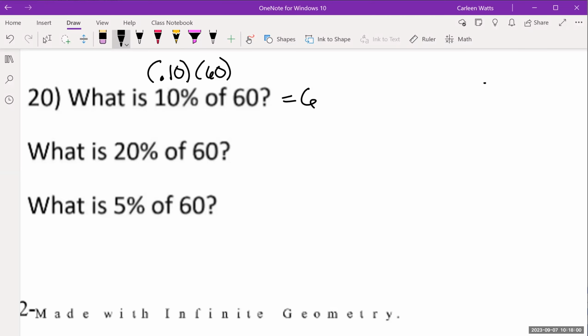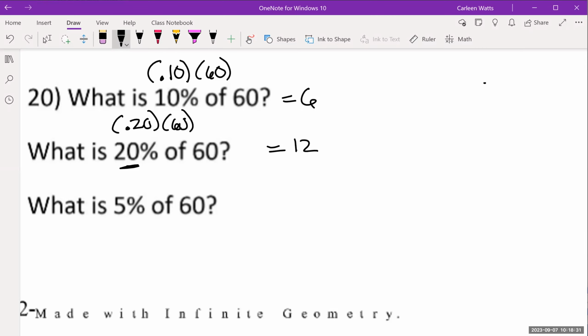If 10% of 60 is 6, then what's 20% going to be? Without using a calculator. 20%. Let's see what happens. Oh, look at that. Look how percents work. That's 12.